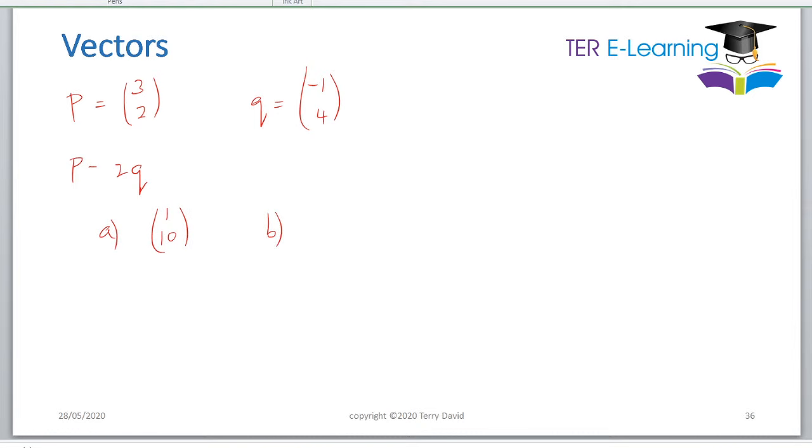B is 1, minus 6. C is 5, 10. And D is 5, minus 6. So the question wants us to work out P minus 2Q. What's the answer for this question?